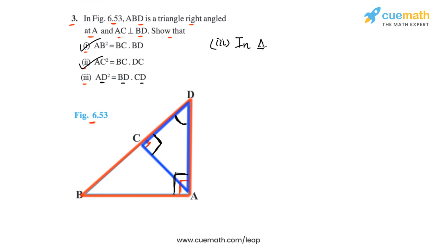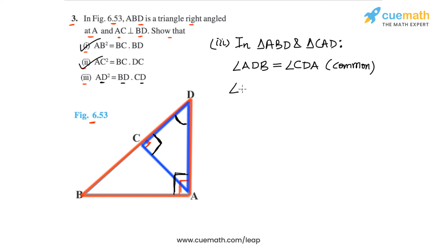In triangle ABD, the big triangle, and triangle CAD, the small triangle, we have angle ADB is equal to angle CDA. This is simply because this angle is common to both the triangles. And then angle BAD in the first triangle is 90.